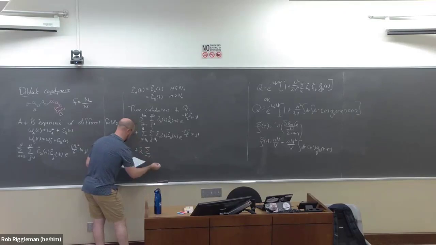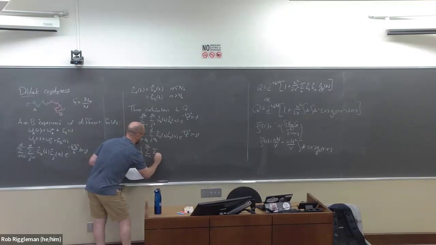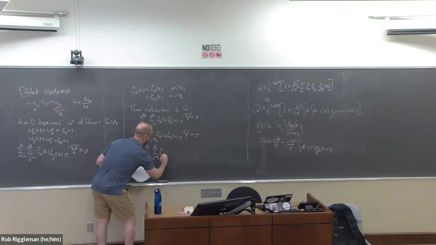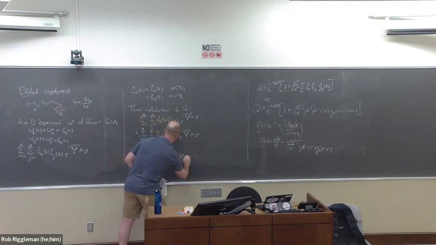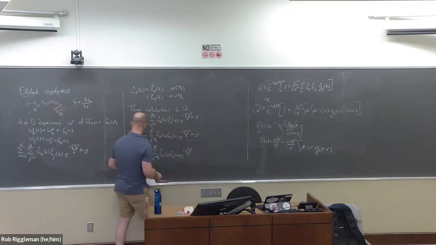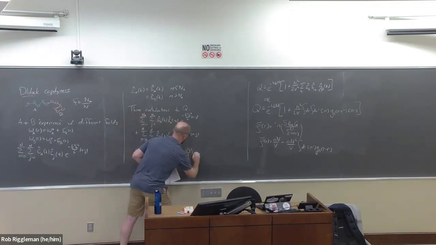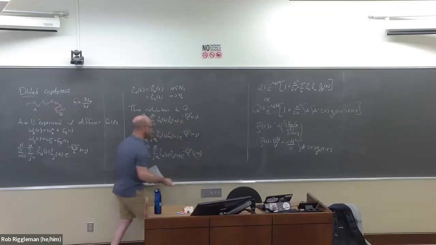So it's from 1 to NA, and J equals NA to N. And so J is greater here, so we can just write that as J minus M without the absolute value.